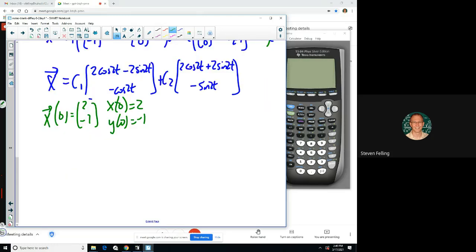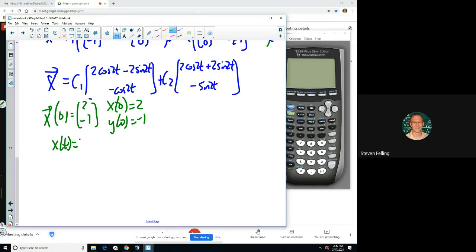So I could take each of those equations separately, right? Let's do that. So the x equation is x as a function of t is 2, well, let me do it this way.